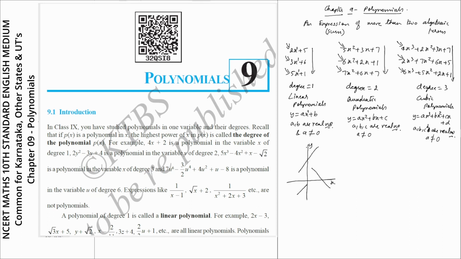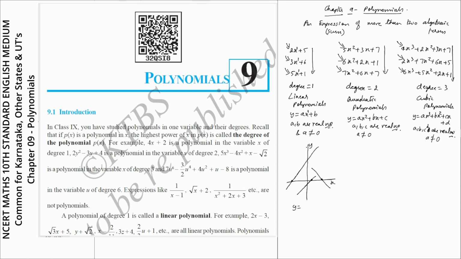So you can see in these three lines, one line is meeting here somewhere on the x-axis. The first and second line also, if we extend on either side, will meet the x-axis. So this line also, if I extend, is going to meet the x-axis.